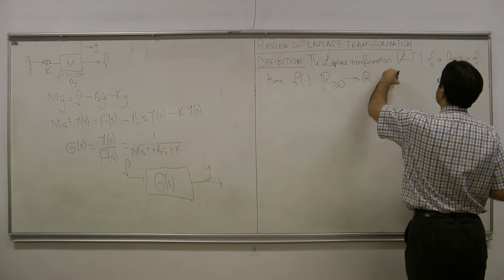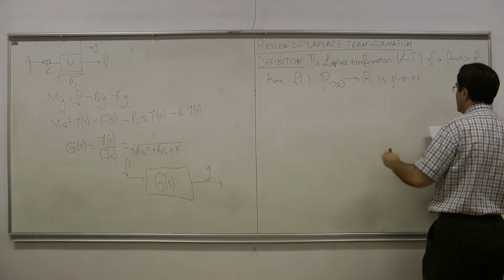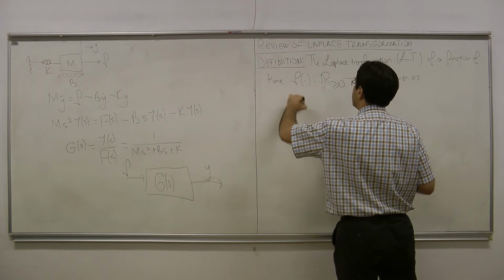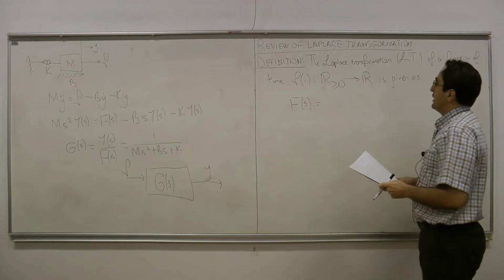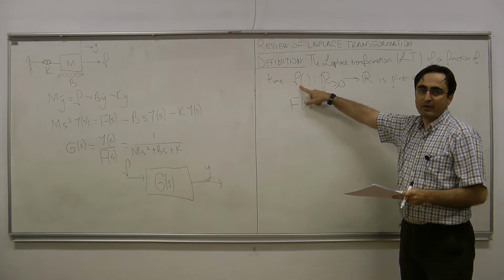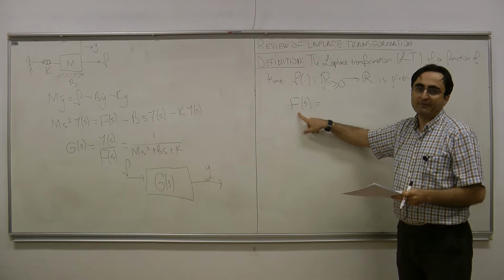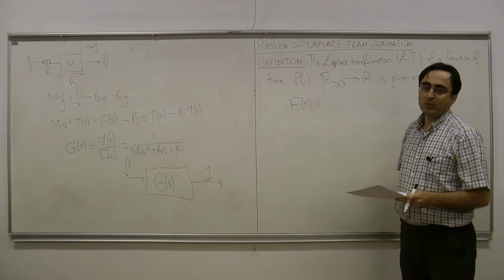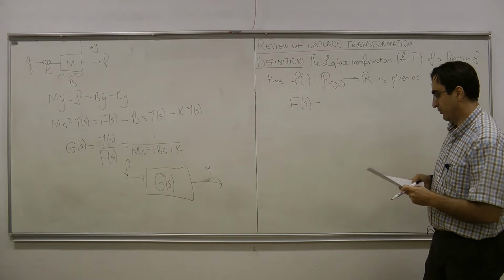Is given as, so I have this Laplace transformation. When I have small f as the function of time in time domain, I will have capital F as the Laplace domain quantity. It's Laplace transformation.